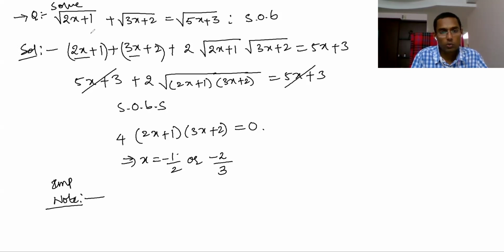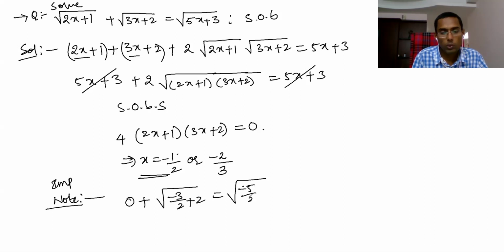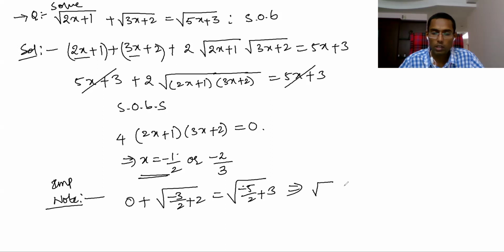So if you put x equal to minus 1 by 2, this is 0 plus under root of 3 into minus 1 by 2 plus 2, equal to minus 5 by 2 plus 3. So this side is 1 by 2, this is also 1 by 2. Therefore this root is all right.